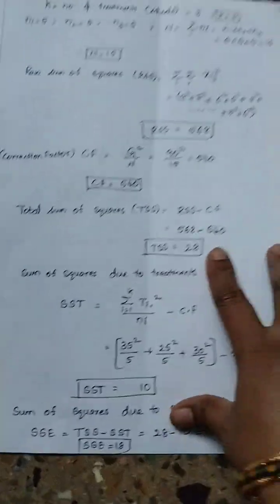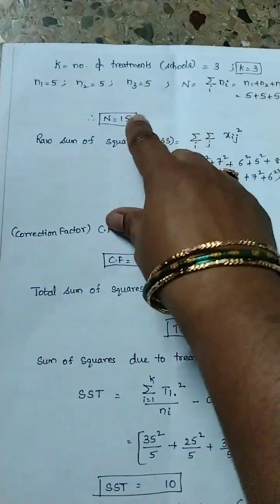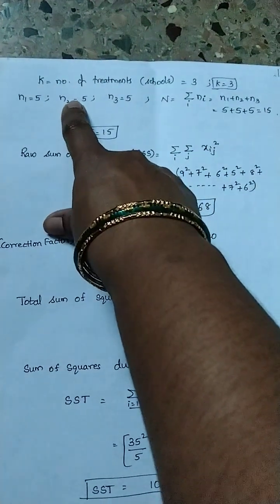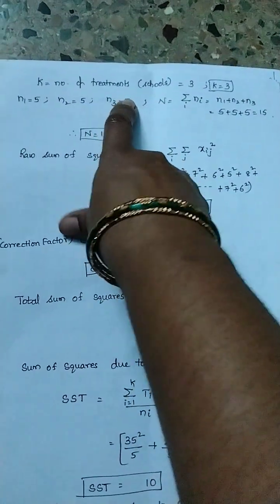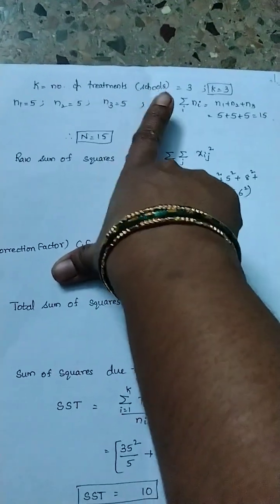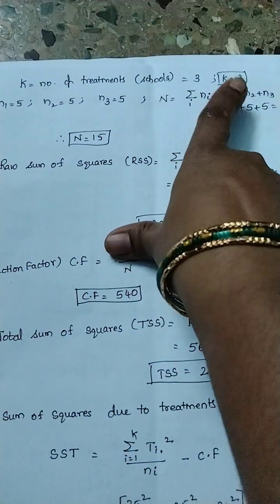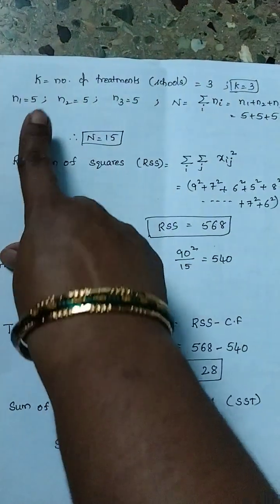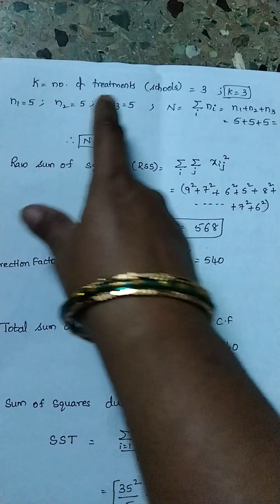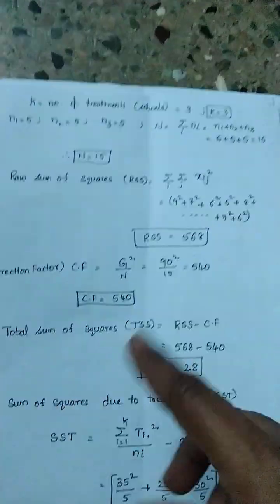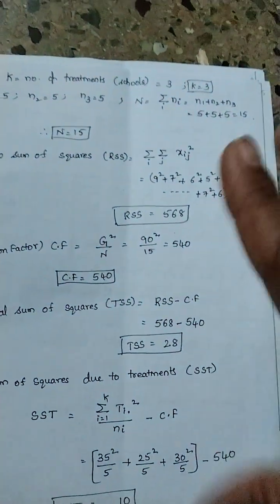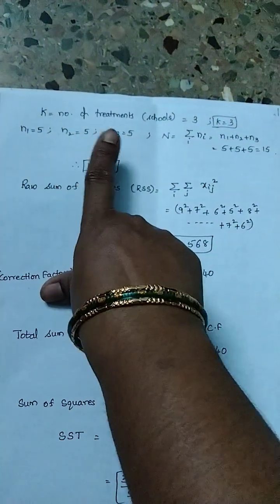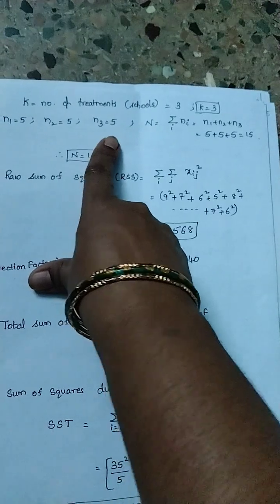Now we are going to find out the value of n. Here, how many schools are you having? 3 schools, so k is 3, where k is the number of treatments. Here n1 is equal to 5, n2 is equal to 5 and n3 is equal to 5. Maybe there will be an unequal number of classes also, which means n1, n2 and n3 will be different.